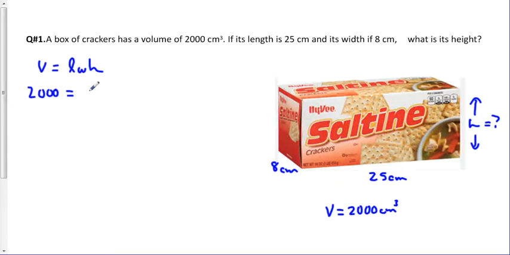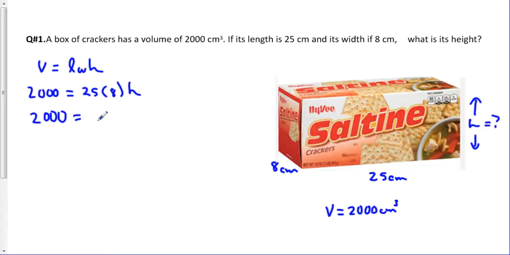The length, we said, was 25. The width was 8. But in this question, we don't know what the height is. So I want you guys, can you actually just write down height with me there as well? Just leave it as h, because we actually don't know what it is. If you guys just do 25 times 8, can you do that? Just hammer in 25 times 8.